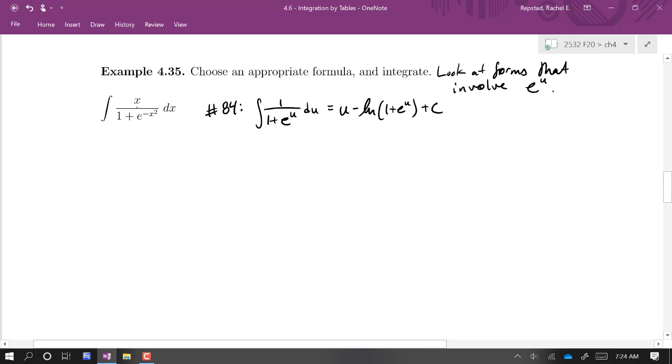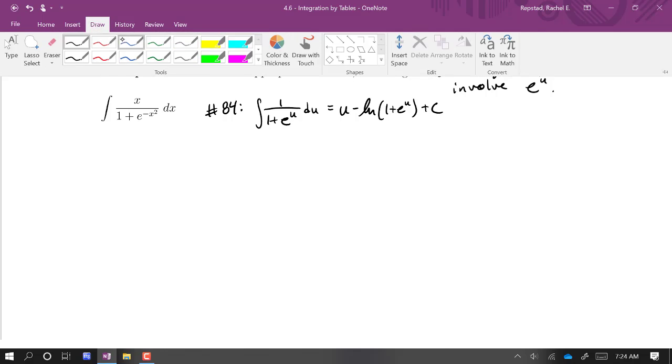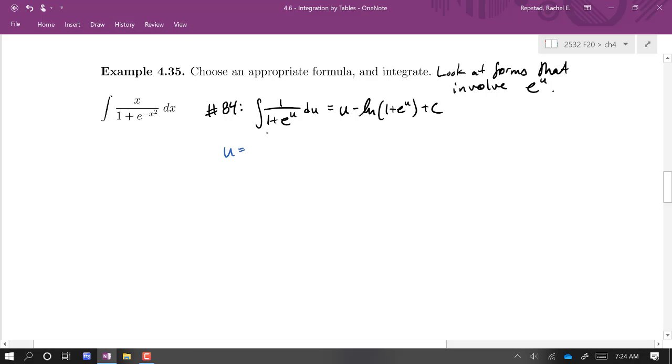So I think it'll fit this form if we let u equal negative x squared, in which case du is equal to negative 2x dx. So we have the x dx in this integral.